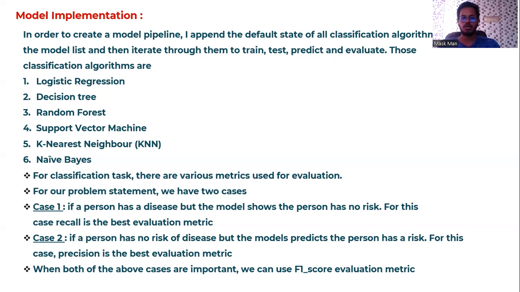If both cases matter, that means a person has a disease but the model shows no risk, and also a person has no risk but the model predicts a risk, and you focus on both, then we have to consider the F1 score.